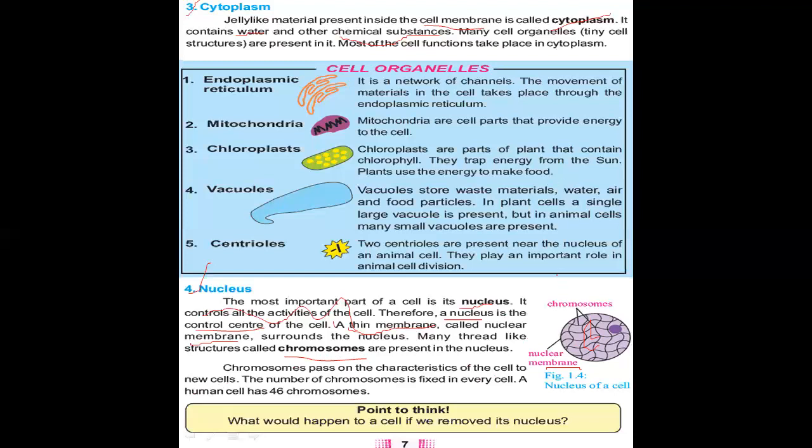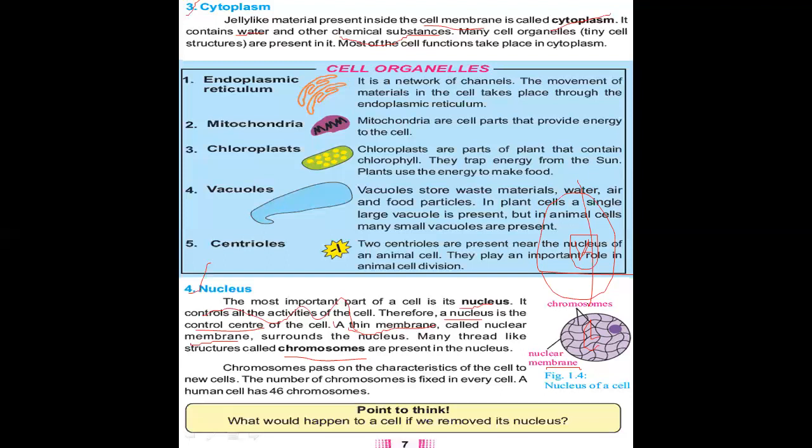Like how does it happen? For example, this is a plant cell, and its nucleus has the chromosomes. So when the cell divides like this, because the cell divides into two equal parts, and these equal parts will become again two new cells.